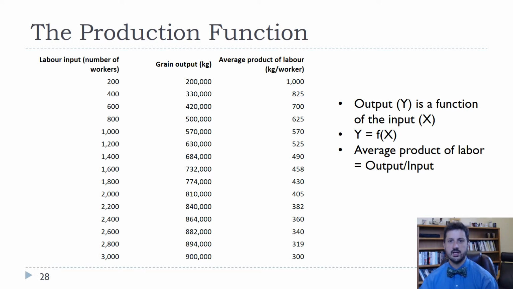You can see that as we add more workers, we always get more output, but our average product of labor is falling, right? It goes from 1,000 kilograms per worker all the way down to 300 kilograms per worker, because these last workers are just not adding as much output as these first workers.